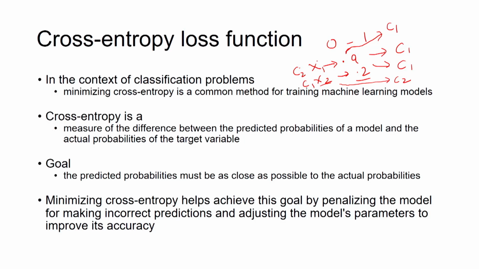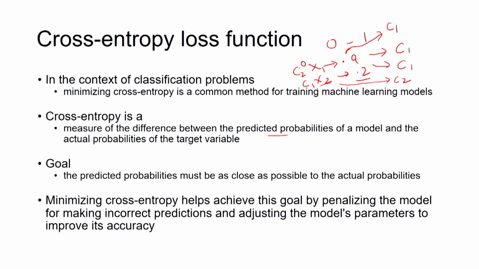Its actual class is C2 while the predicted class is C1, and its actual class is C1 while the predicted class is C2. So, your cross entropy loss function is a measure of the difference between these predicted probabilities and the actual probabilities. The actual probability of belonging to class C1 in this case is 0, but it is giving you probability 0.9 of belonging to class C1.